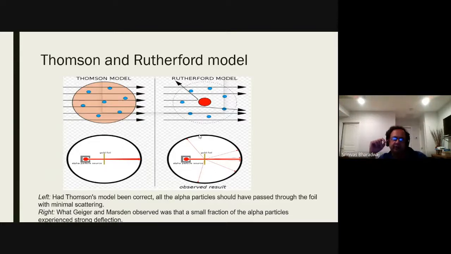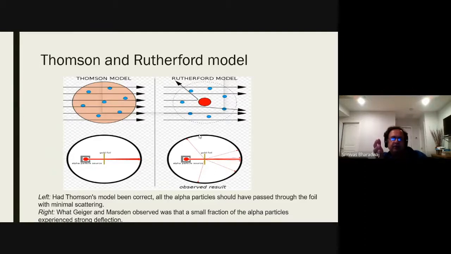This was the Geiger-Marsden experiment, where they had a vacuum with an alpha particle source, and they passed the alpha particles through a gold foil, pure gold foil.